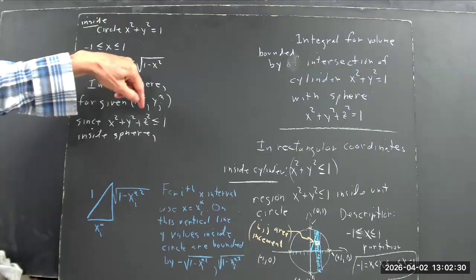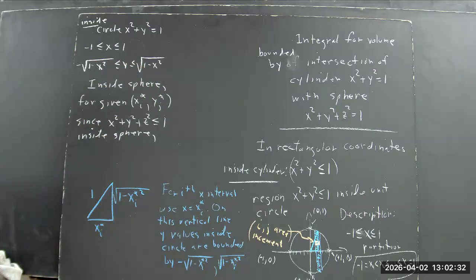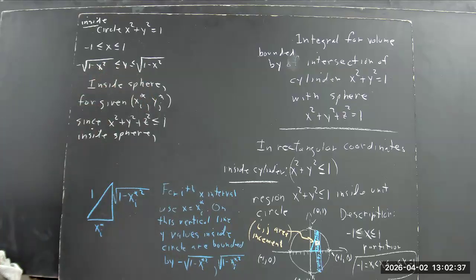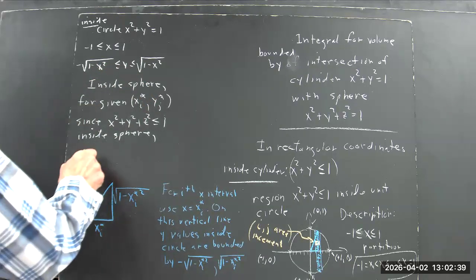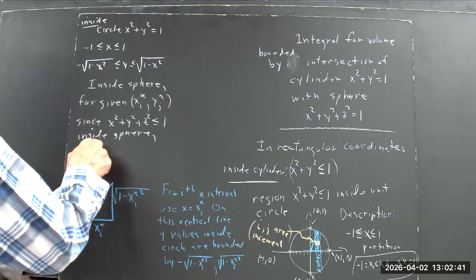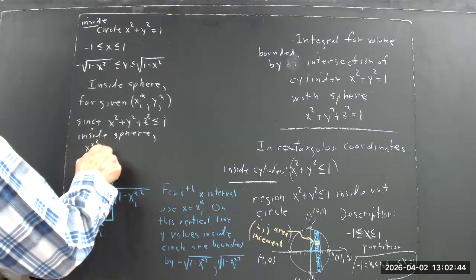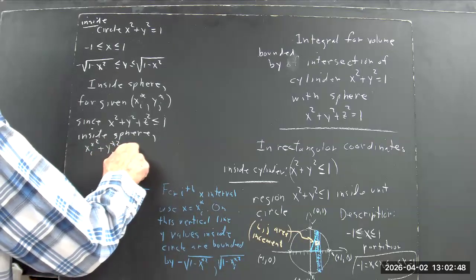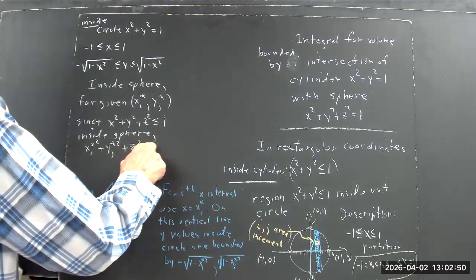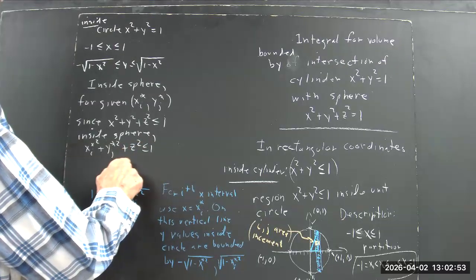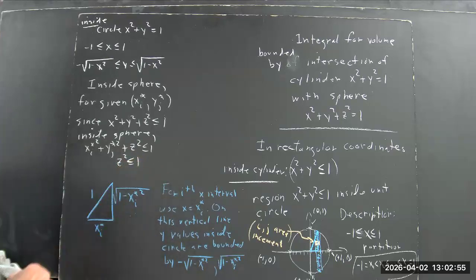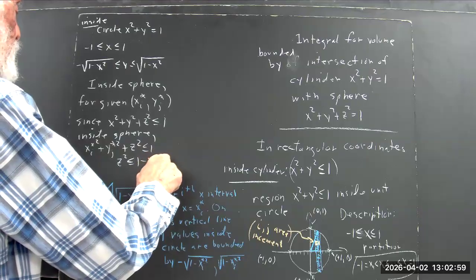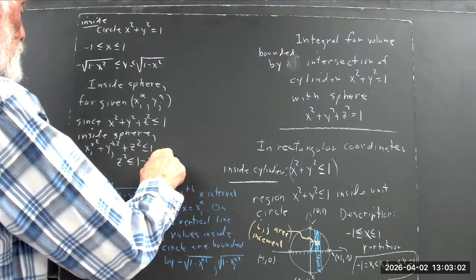Since x squared plus y squared plus z squared is less than or equal to 1 inside the sphere, if you have the point xi star, yj star, you're going to get z less than or equal to 1 minus xi star minus yj star.